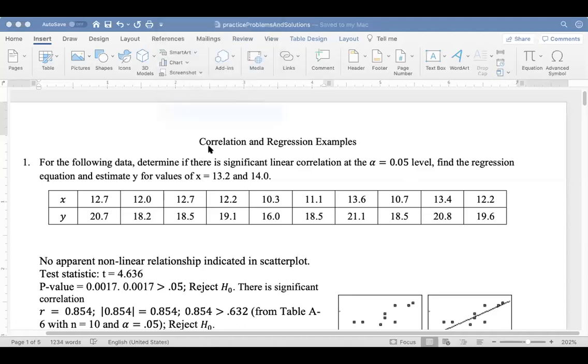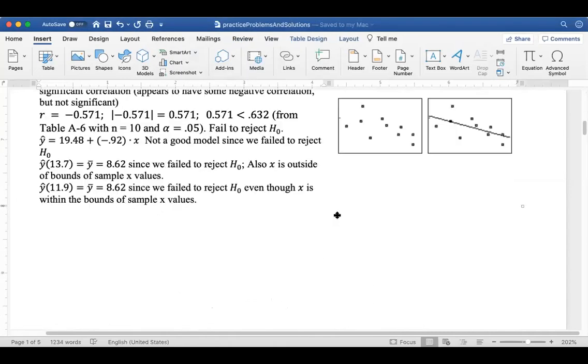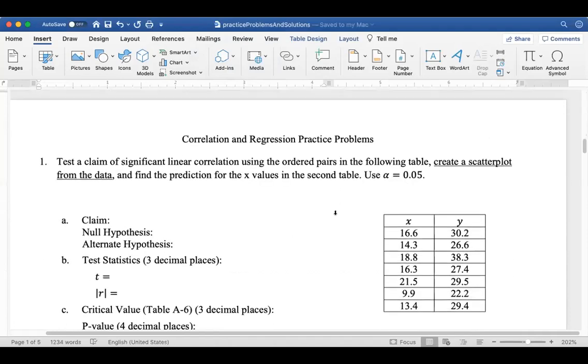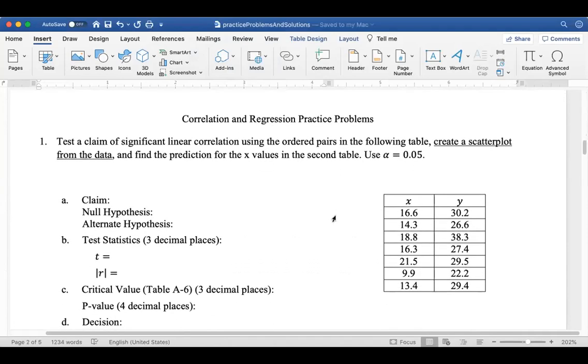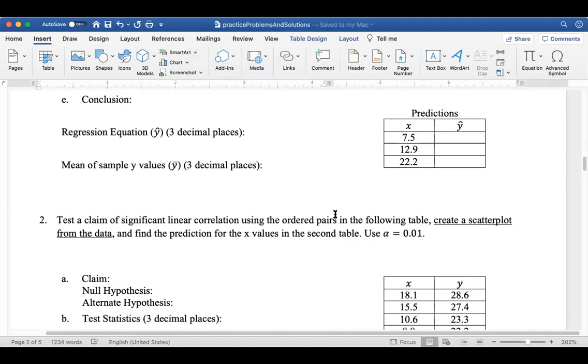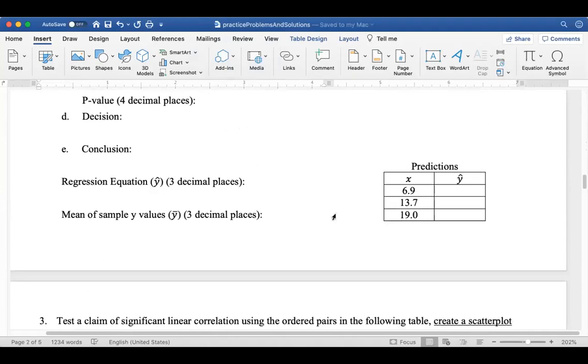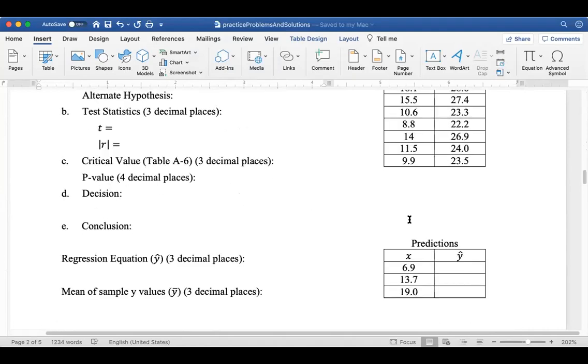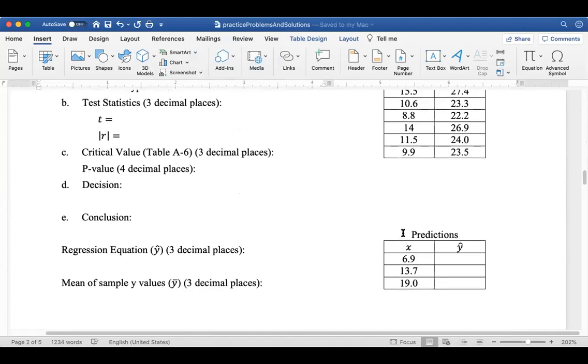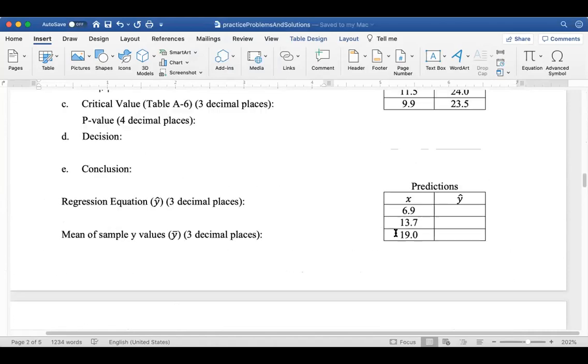Let's go through this whole thing. We'll skip the first page and go to the second page, and I'm going to do number 3.